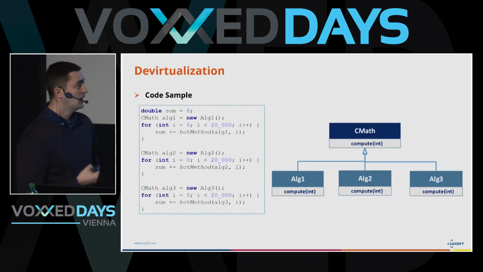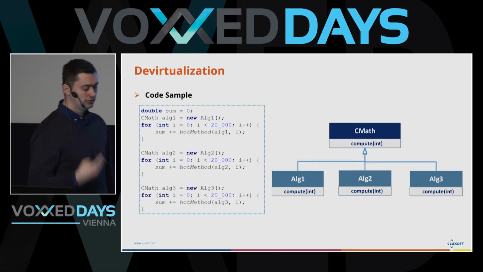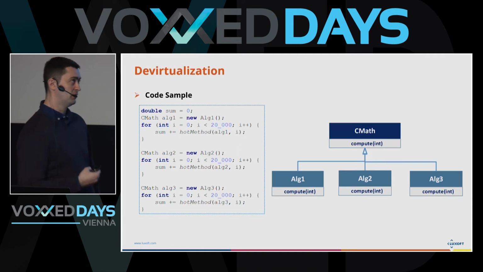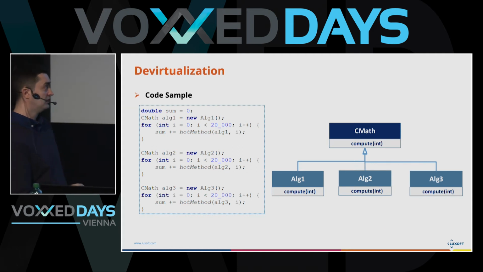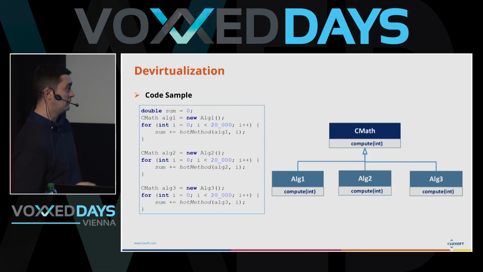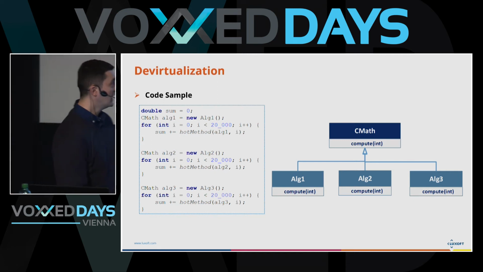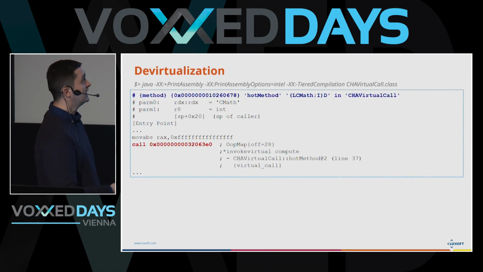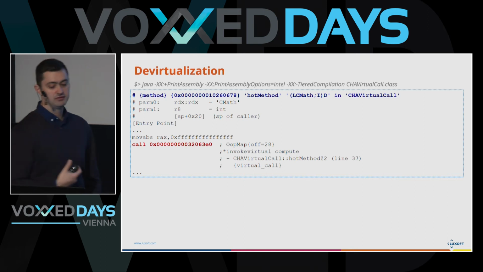Let's go further and see what happens if we extend the same base class with a third implementation, and enrich our test, calling the hot method with ELG3 and I. In this case, if we print the assembly, it's very, very simple.